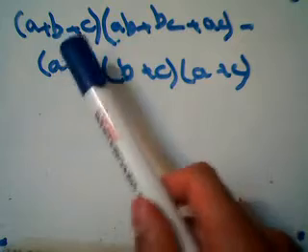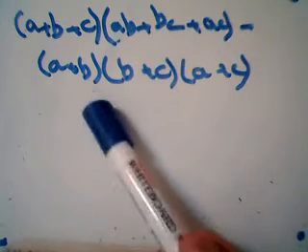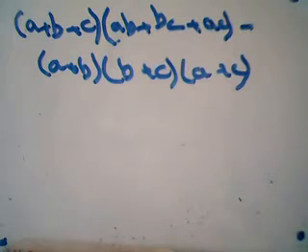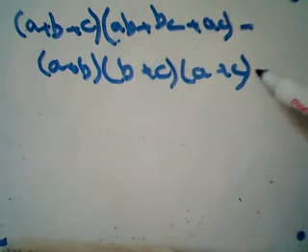If you multiply this by this minus the result of this product, that would be a polynomial, and we want to factor this.